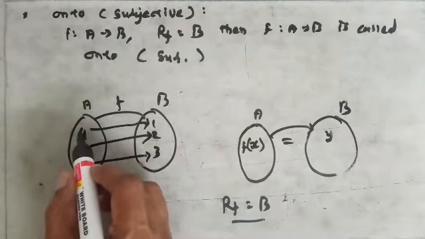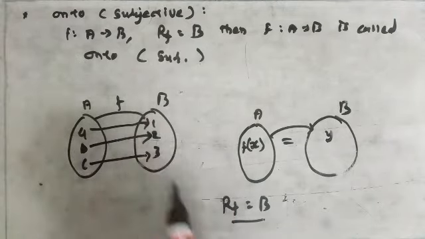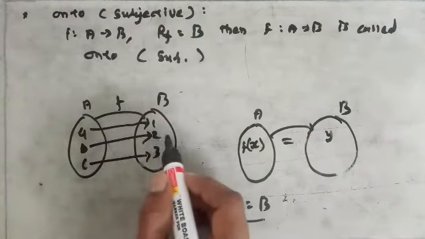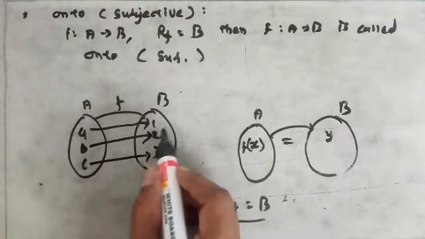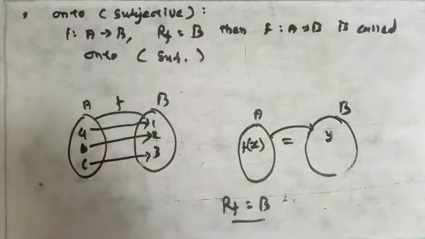That is, for all x belongs to A, f(x) is equal to y belongs to B. Secondly, for every y belongs to B, there exists x belongs to A, such that f(x) is equal to y.